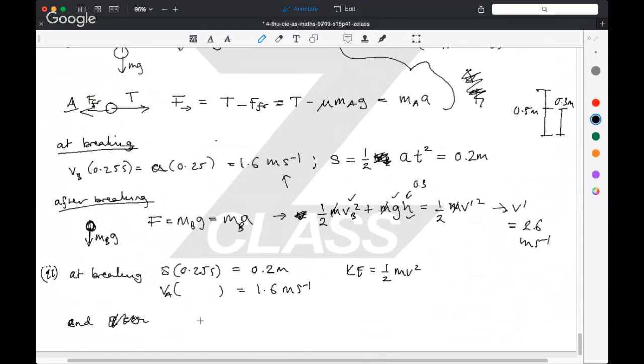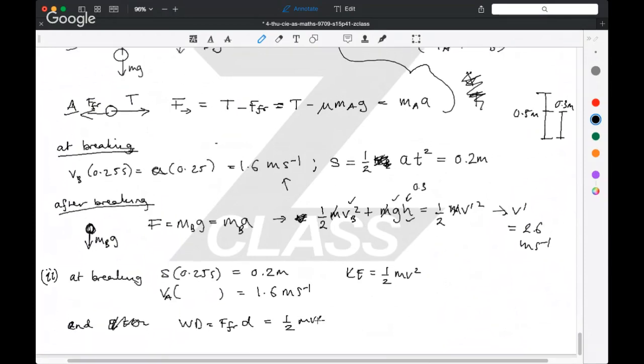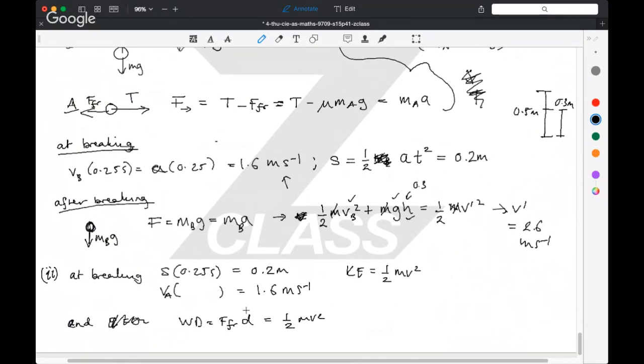And where has that gone? It's gone into work done against the friction force. So work done against friction, friction times distance traveled, is equal to the kinetic energy. Well, we know the force of friction, so we can solve that the distance is equal to 1/2 mv squared over the force of friction. The force of friction is just mu R, which is mu mg. And that will give you the correct answer.